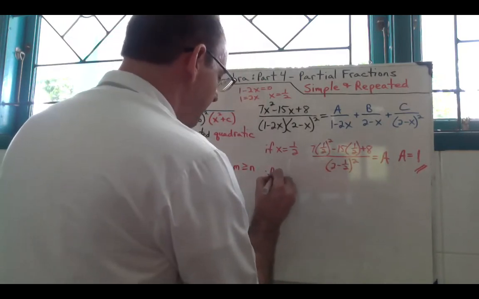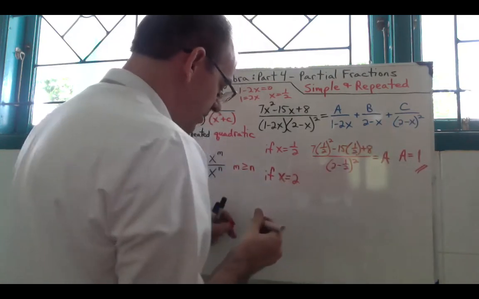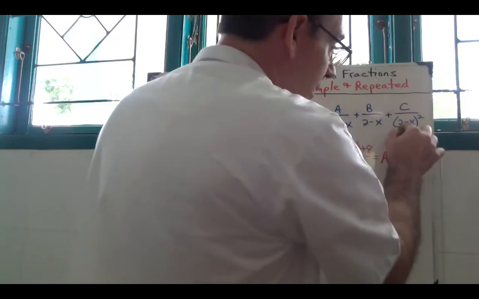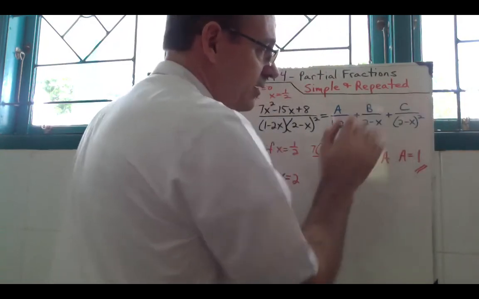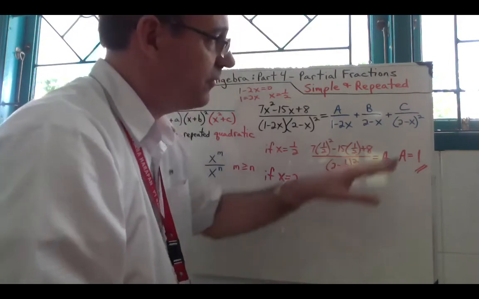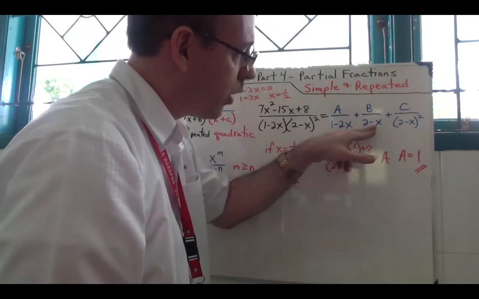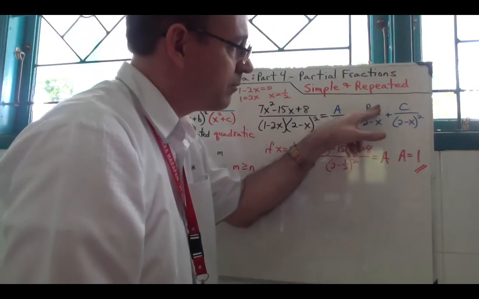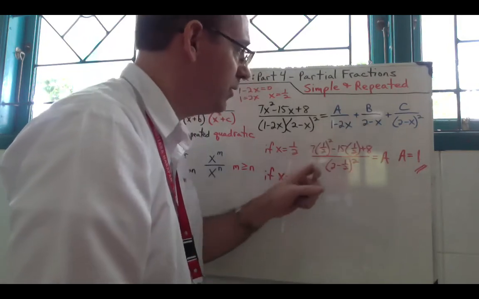So if x equals 2, 2 is what will cause it to be 0. So we're multiplying by a 2 minus x squared. So this is gone. C is what's by itself, because all this is gone. And one of them is gone on the bottom, but there's one on top, so that all becomes 0 when you plug in the 2.